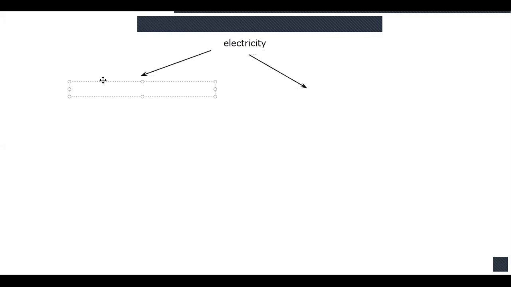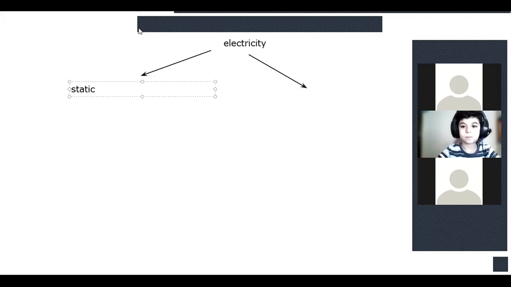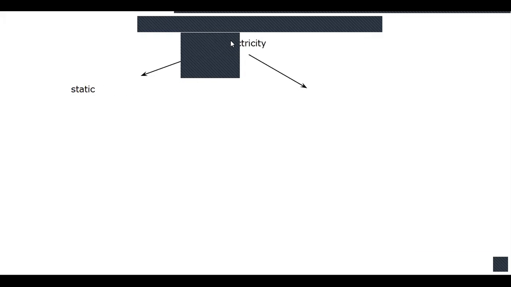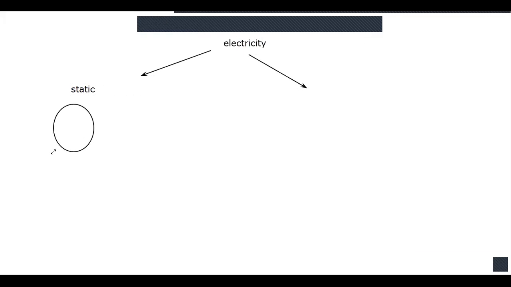Static means it doesn't move, it builds up on objects, like the one that builds up on a balloon, like the one we did together at the beginning of these sessions. And as we mentioned, if it has different charges, they will attract. If it doesn't, it will not.